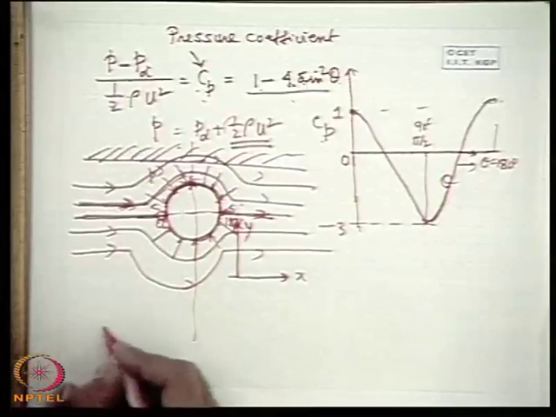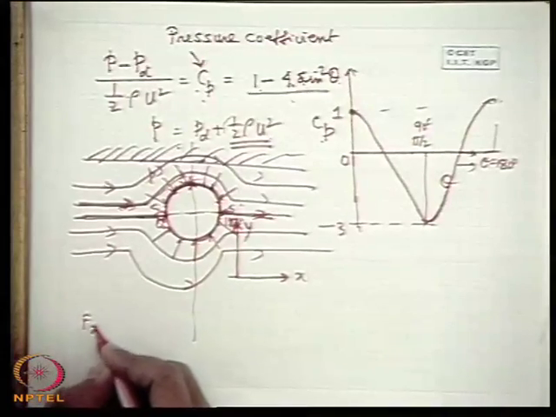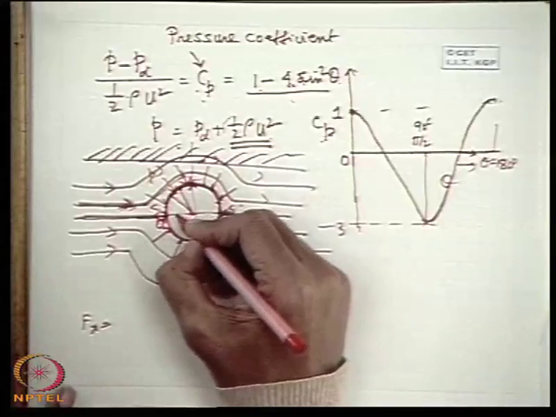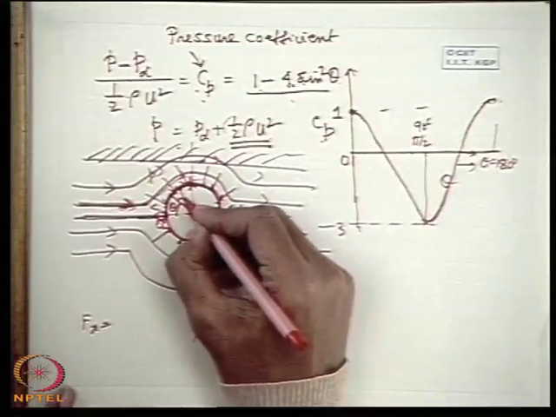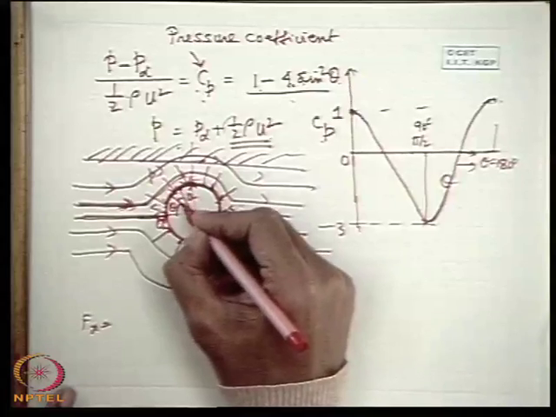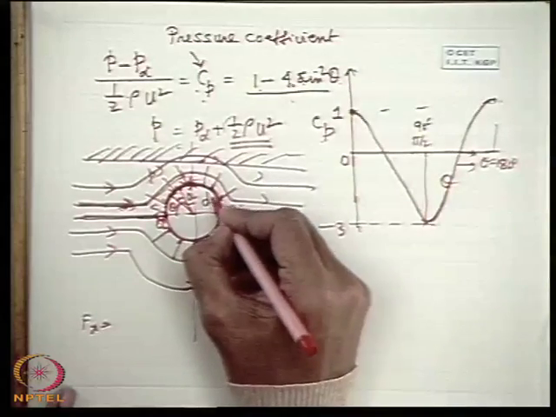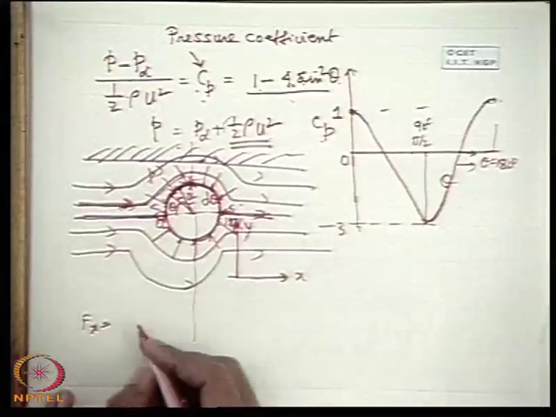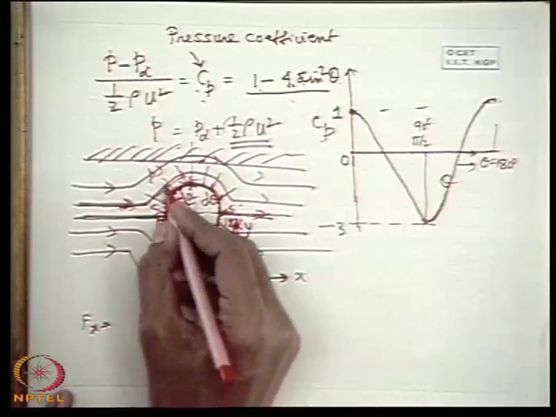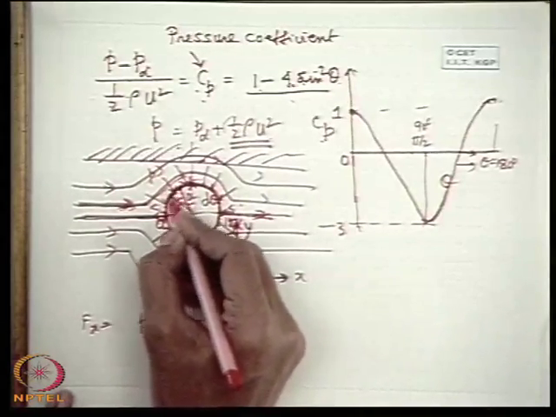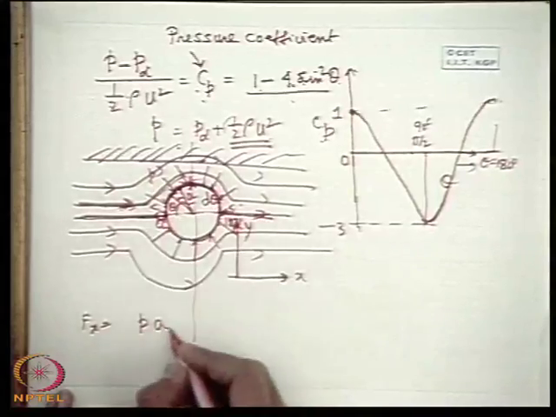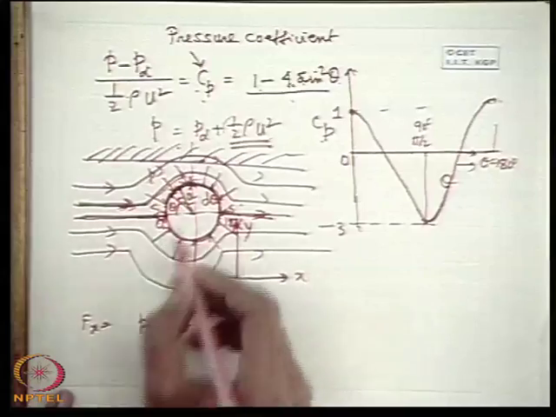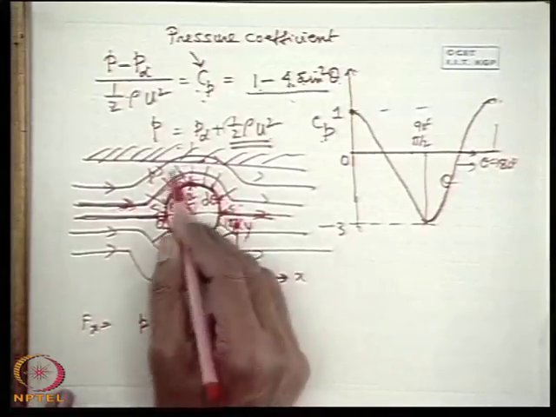Then we can write Fx is equal to, if we take a small element here at an angle theta, the radius is a and this subtended angle is d theta. So we can write the force on this element is P, if the pressure is P, times a d theta, this is the length of this arc, per unit length of the cylinder in the direction perpendicular to the plane of paper.